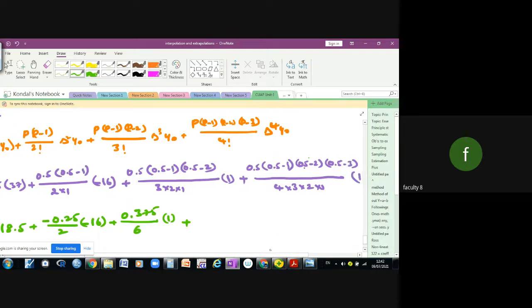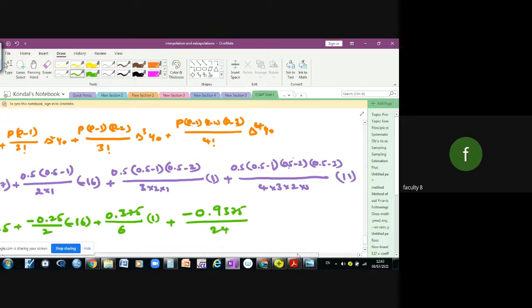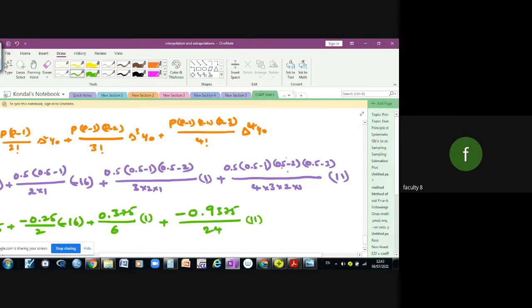So here 0.375 into 2.5, you will get minus 0.9375. Divide by 4 into 3 into 2 into 1. See, 4 into 3, 12. 12 into 2, 24. 24 into 1, 24. So into 11. So here, see, plus into minus, minus, minus into minus, plus, plus into minus, minus. Therefore, I put minus. Okay.